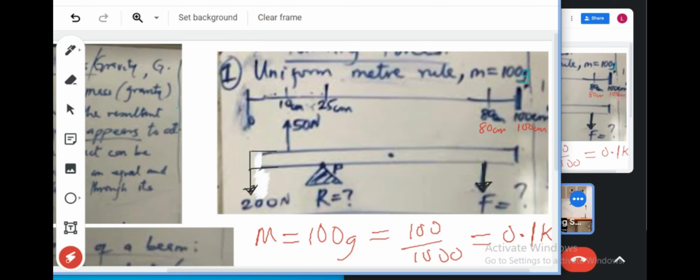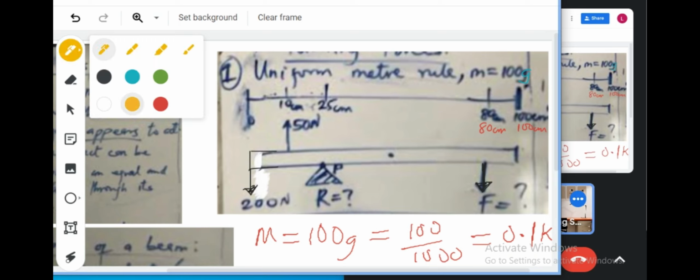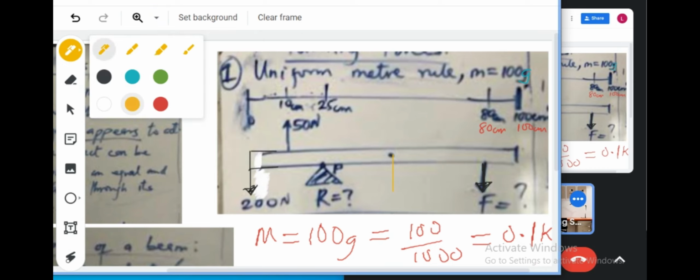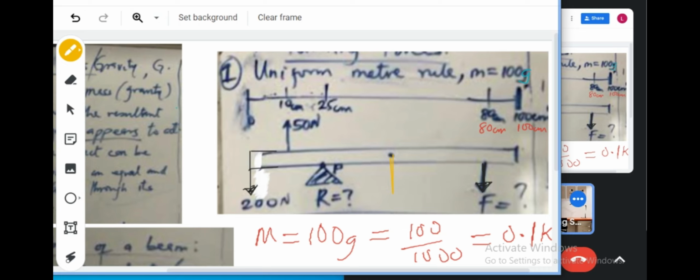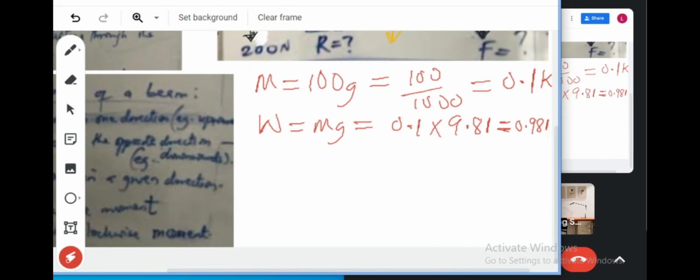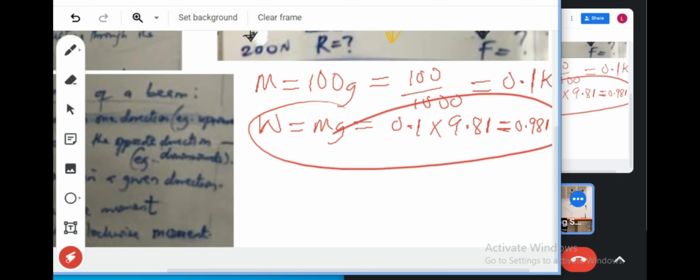This 50th centimeter mark is where the weight acts, so I want to represent the weight here. This is where the weight will act, being its center of gravity, G. And what did we calculate for the weight?